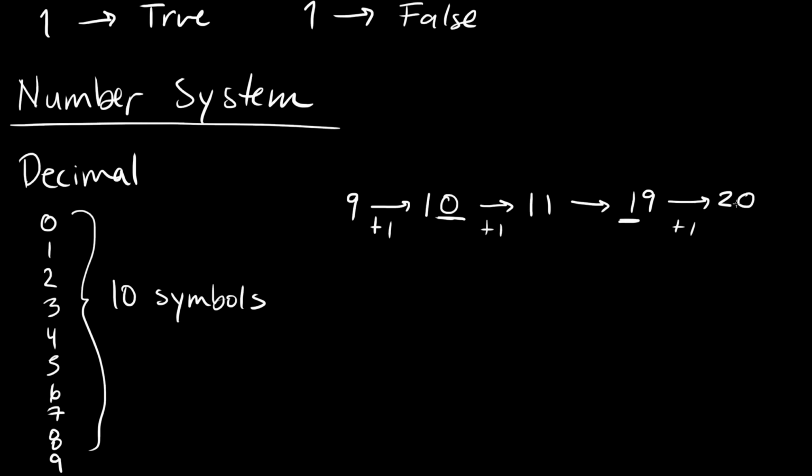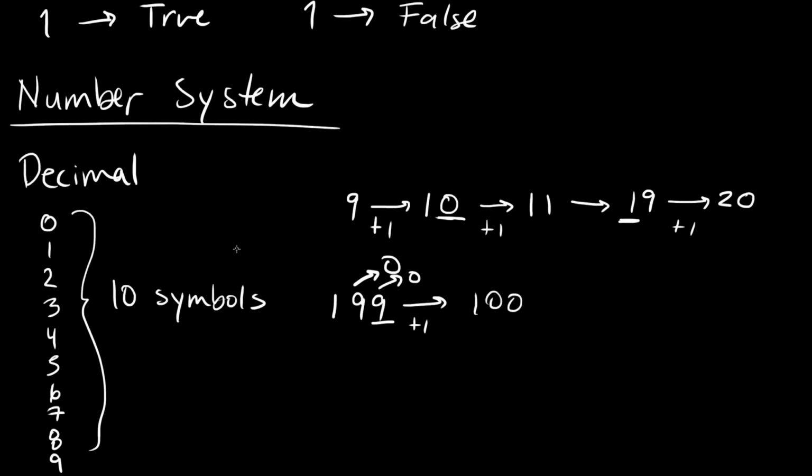And then you just keep doing this, and eventually you reach 99. If we add 1 to 99, there's nothing to represent what happens after 9 in the 1's digit, so we go to 0 here and then add 1 to the next digit. But same thing here, there's nothing to represent what happens there. So we go to 0 and then we put 1 here. So then it's 100.